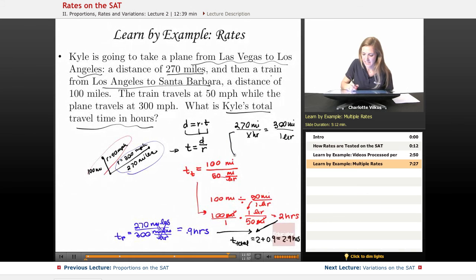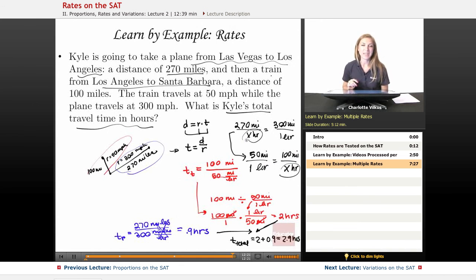And then when he's on the train, he's going at 50 miles per hour. And we want to know how many hours it's going to take him to go 100 miles. And then once we figure out these two, we could add them up and get the total time.